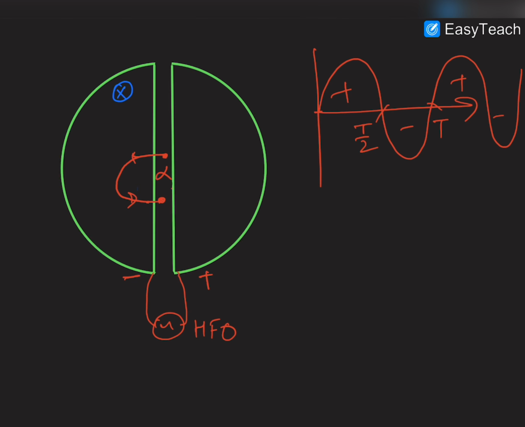So for this purpose we know that the half time period of the particle should be equal to the half time period of the oscillator.